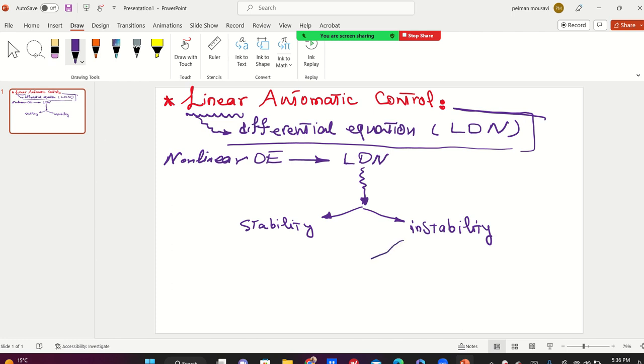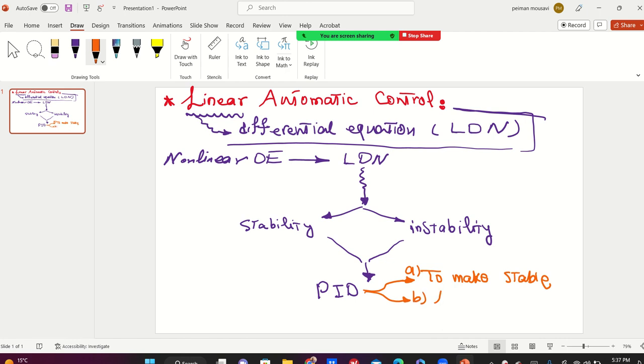After that, you can design a controller. You can design a PID controller to make the system stable if it's unstable. This is the first mission, A: make the system stable.